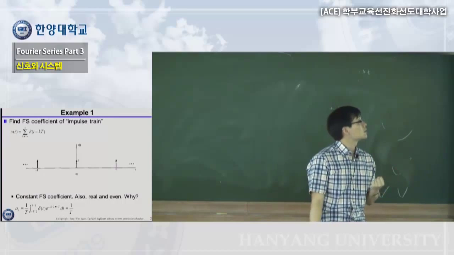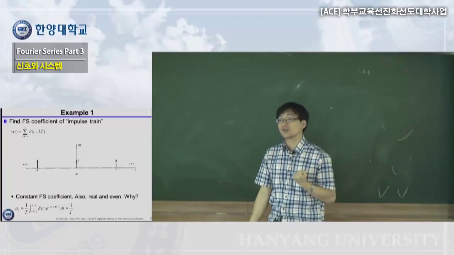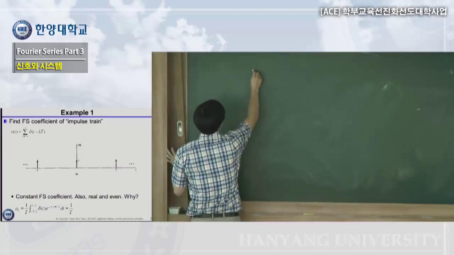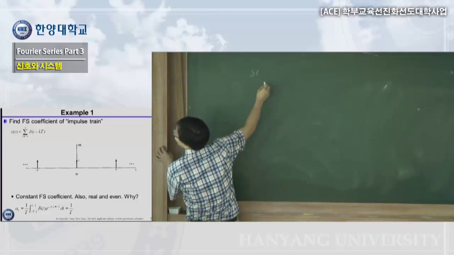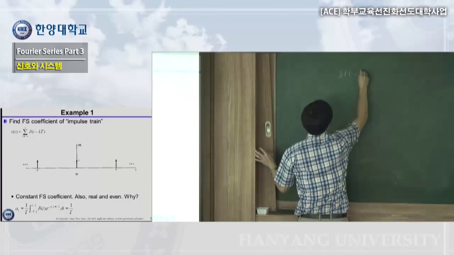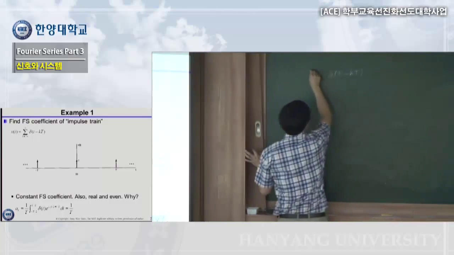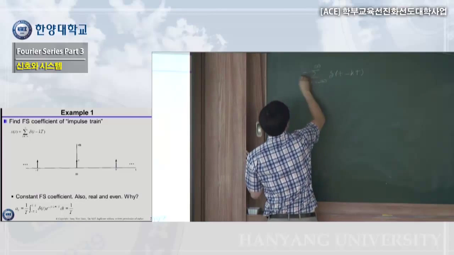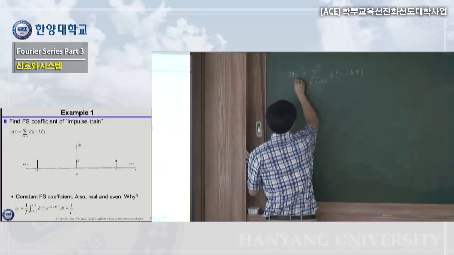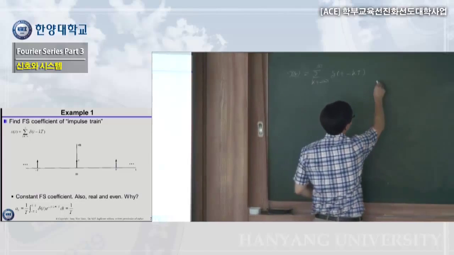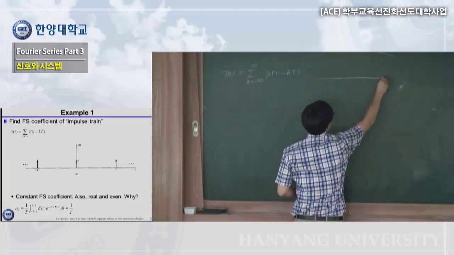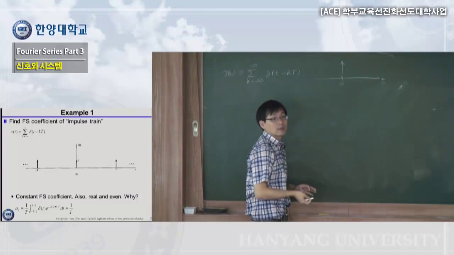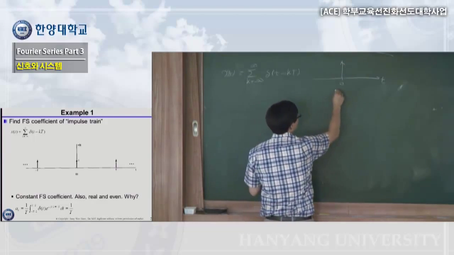So the question is, let's find the Fourier coefficients of an impulse train. The impulse train is x(t) equals the sum of delta(t minus kT), from minus infinity to infinity. If the time is 0, there's a delta function at 0 when k equals 0.